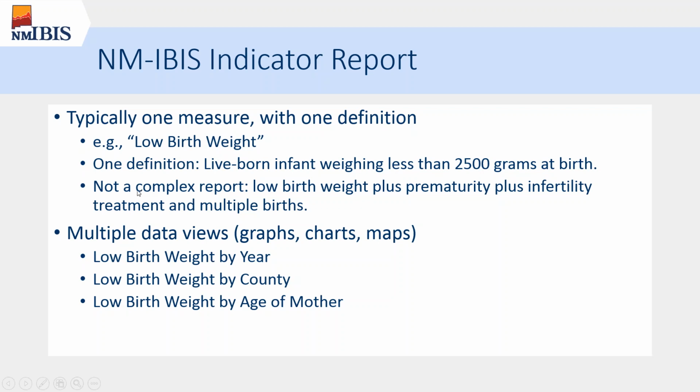And we're not talking complex reports here. So it's not low birth weight plus prematurity, because a lot of low birth weight births are premature, plus infertility treatment and multiple births, because infertility treatment can result in twins and triplets and so forth, and those are more likely to be low birth weight. So it's not a complex report like that.